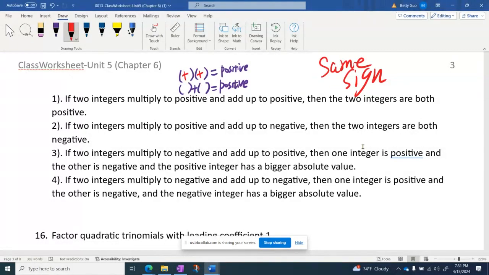If 2 integers multiply to positive and add up to positive as well, then they must be both positive. They cannot be both negative because 2 negative numbers cannot add up to a positive number. For example, negative 1 minus 3. If we add up 2 negative numbers, we must have a negative number. It means you lost money for both games. You are not going to end up with winning, right? You're just going to lose more.